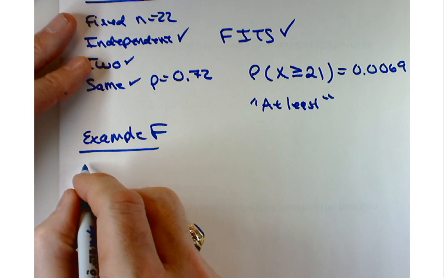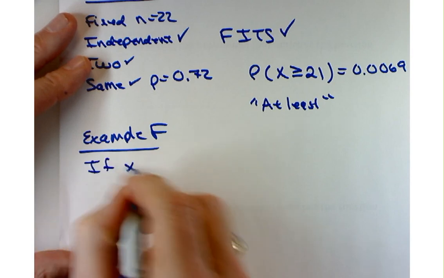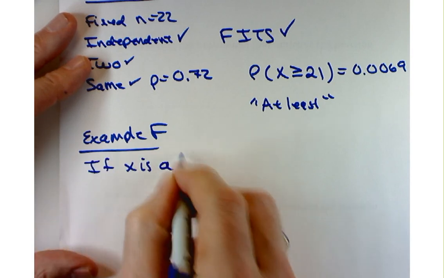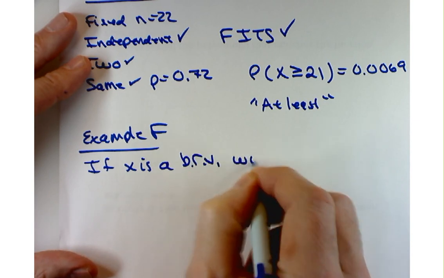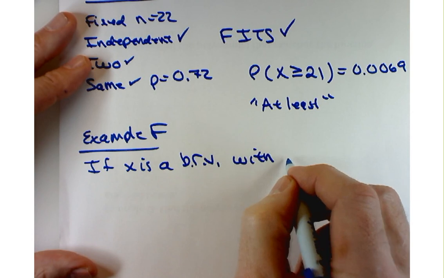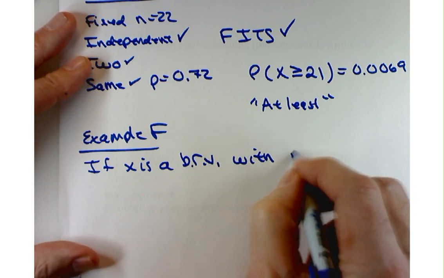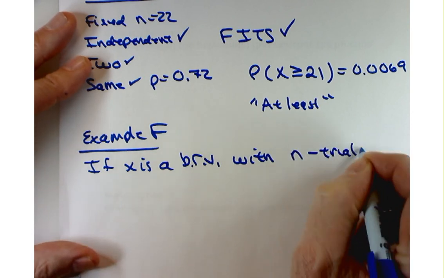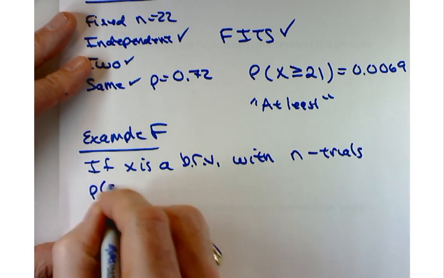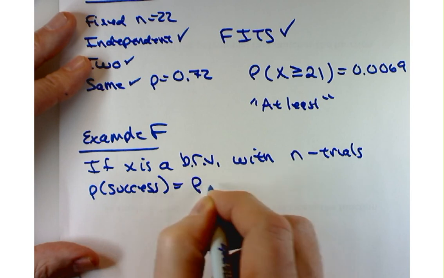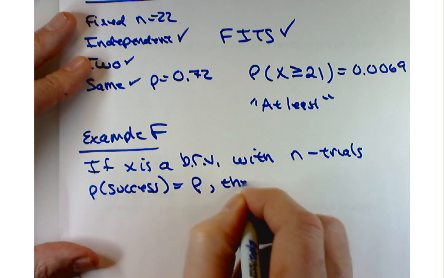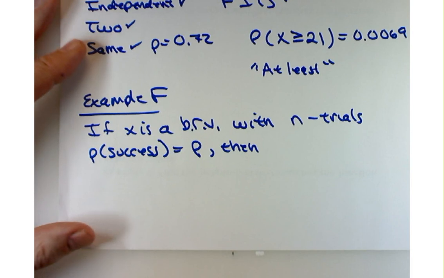So if x is a binomial random variable with n trials and probability of success equals p, then two things are going to happen.